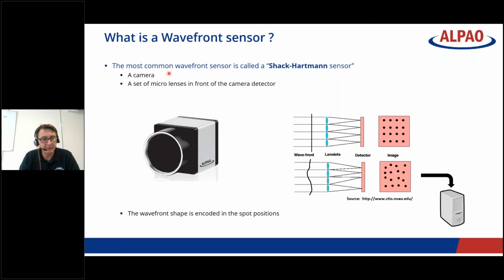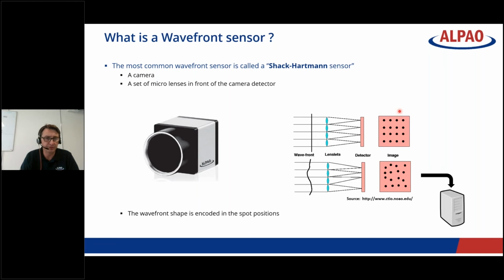Of course, you may need an infrared camera or a very sensitive camera or a very fast camera, depending on your application. But the key is that in front of the pixel array, you put a set of microlenses that will completely change the image. You see the principle on the right. Here you have the small microlenses, you have the pixel array, and this is the image that you read on your computer.